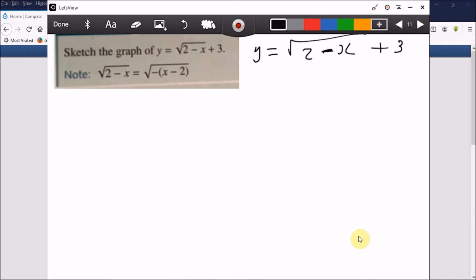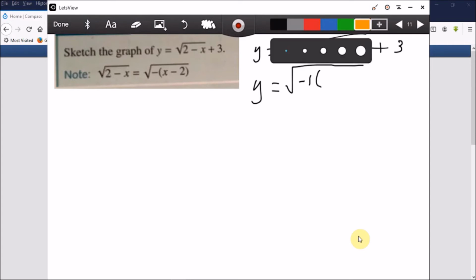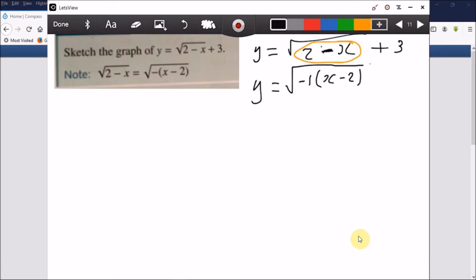Now, the note underneath that is talking about taking negative 1 as a common factor of 2 take x, which then becomes x take 2. All right, and so that's what we really need, because now we're going to look at our starting point.